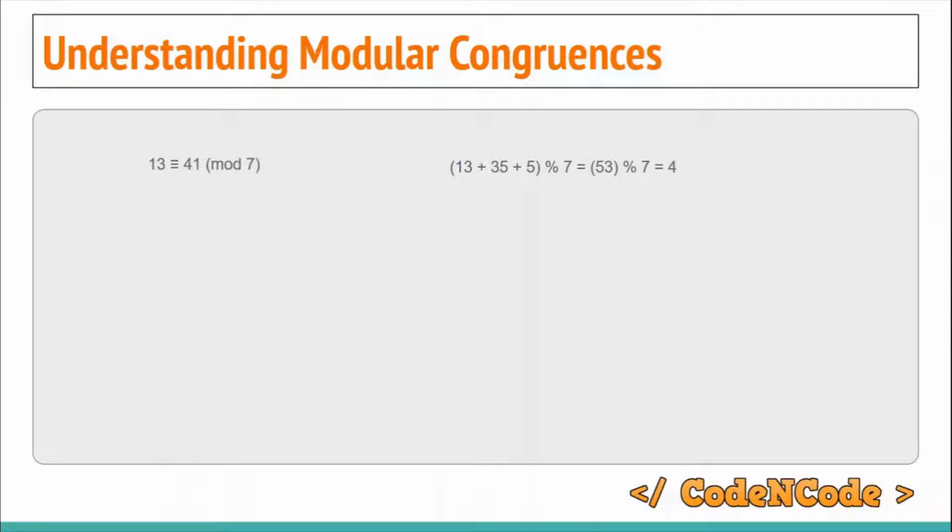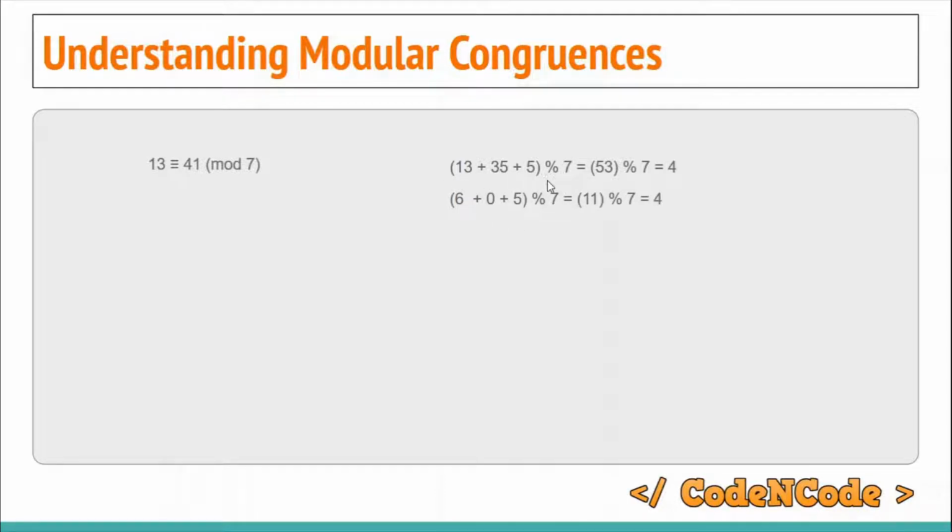So what I want to say is that we can take 13 and apply modulo 7 on it, and then 35 and 5 individually, and then add them. We are applying the modulo operator before adding. So 13 modulo 7 would be 6, 35 modulo 7 would be 0, and 5 modulo 7 would be 5.